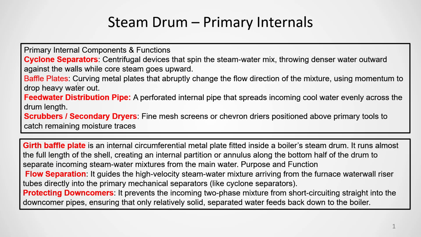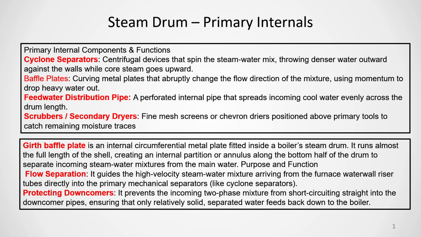The baffle plate is used above the feed water line from one end to the other. It is so that the water and steam mixture will not go directly to the downcomer.